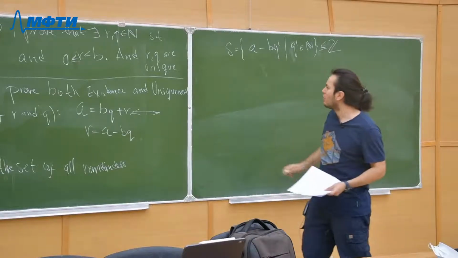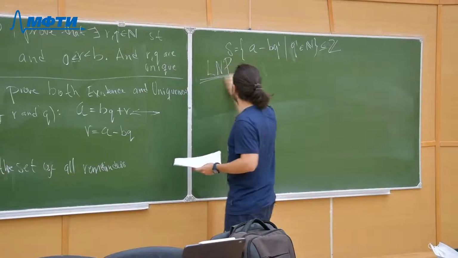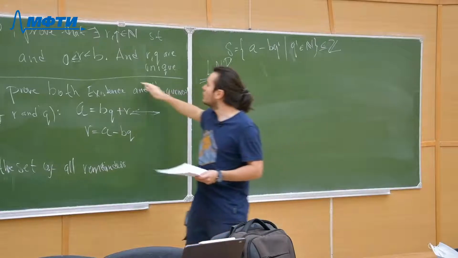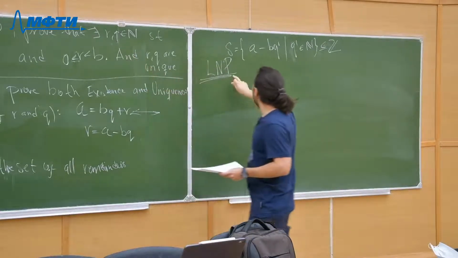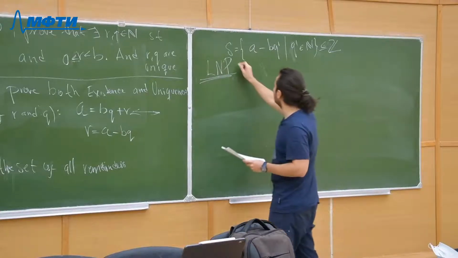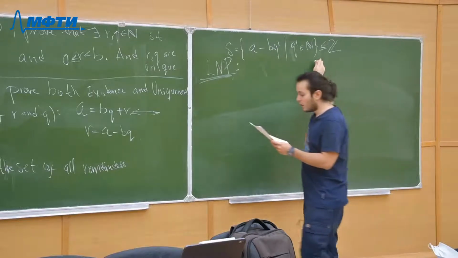Now we have to apply the least number principle to prove that these two numbers exist. Let's remember the least number principle.